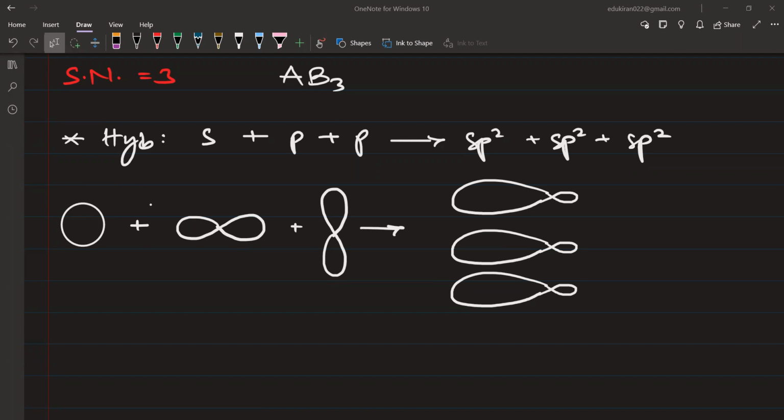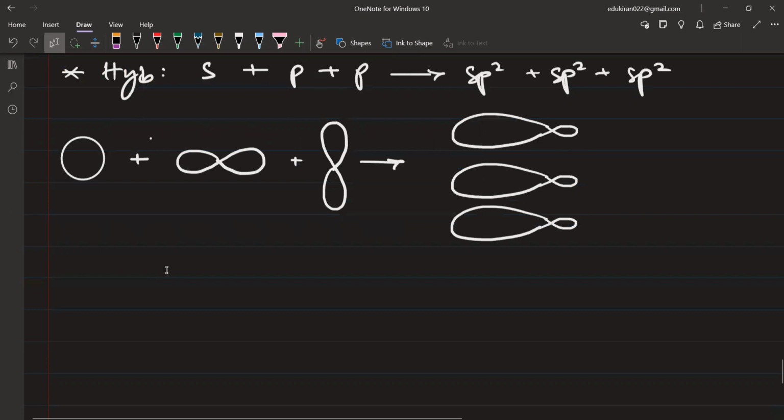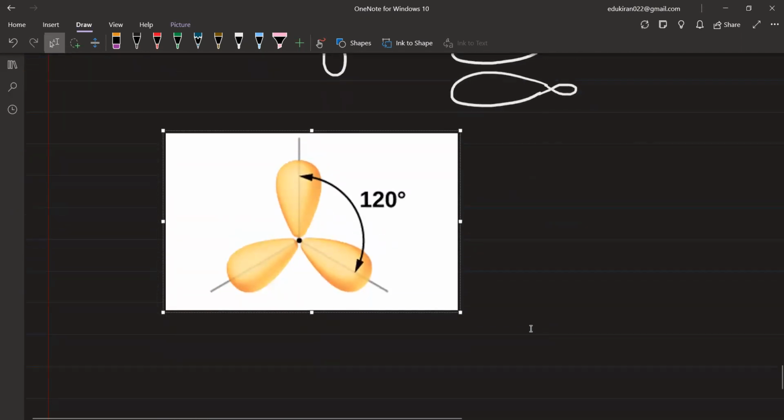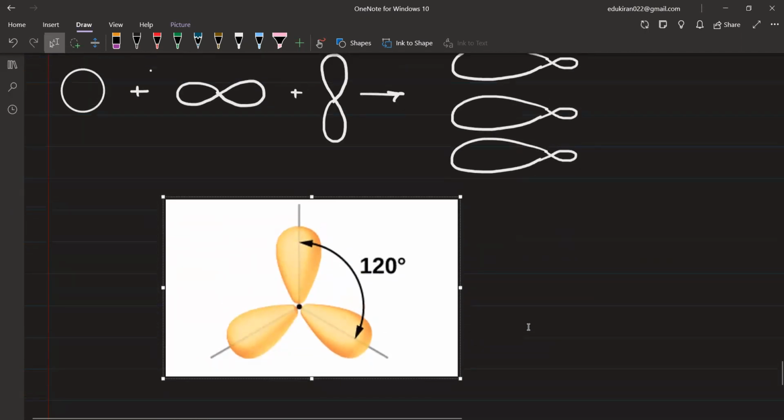If you imagine again, the balloon structure is going to look something like this, in which the angle between the hybrid orbitals is going to be 120 degrees.